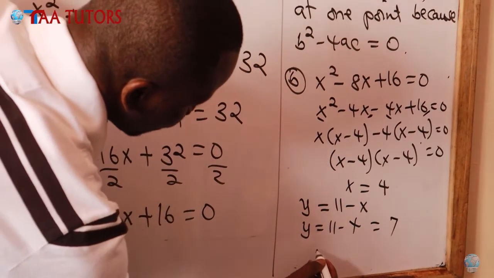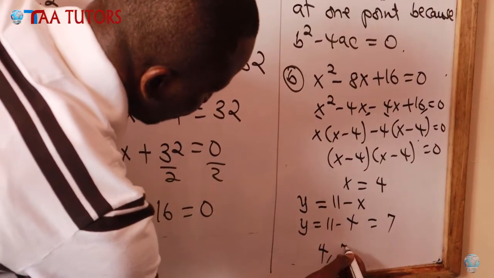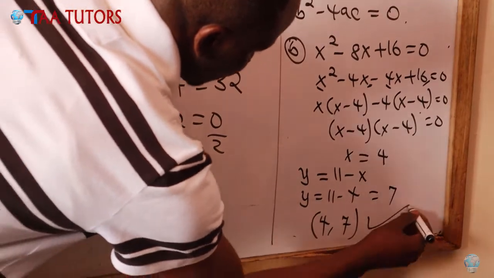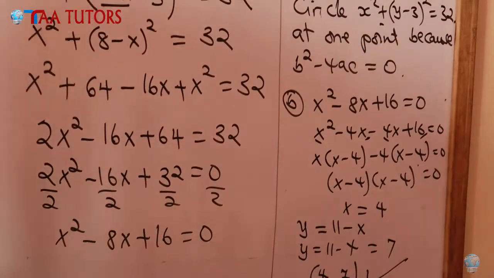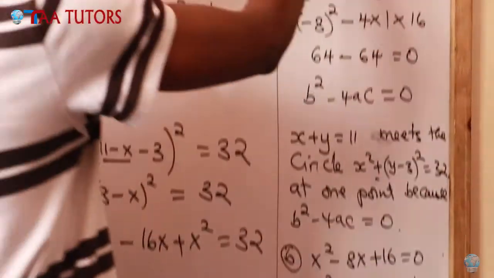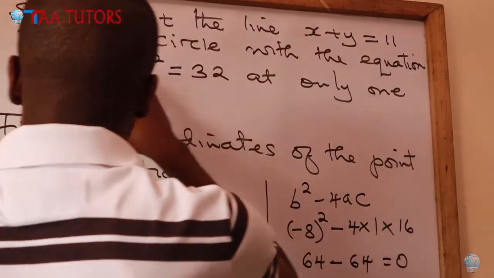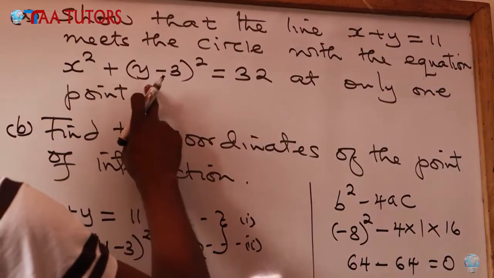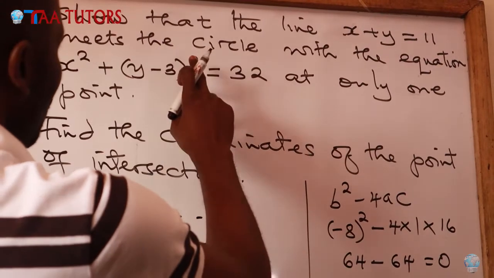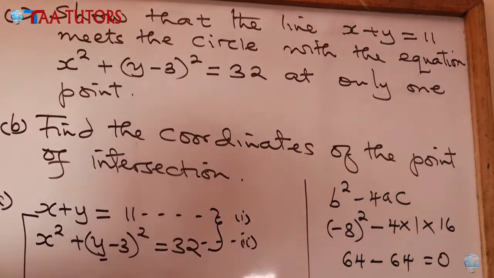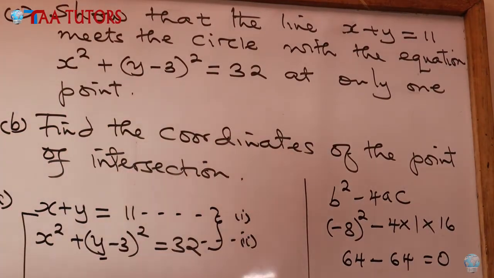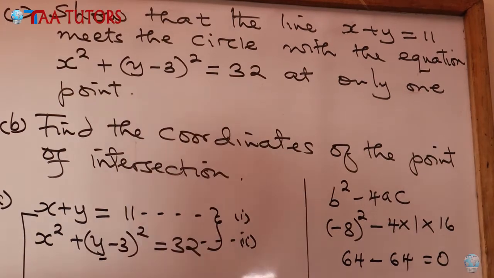So the coordinate here is (4, 7). This is the coordinate of the point where the line x + y = 11 intersects the circle with the equation x² + (y − 3)² = 32. So let's move to another aspect of equations of a circle.